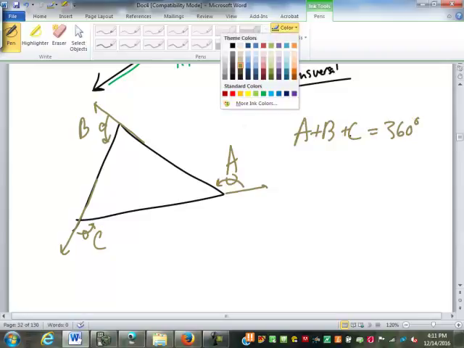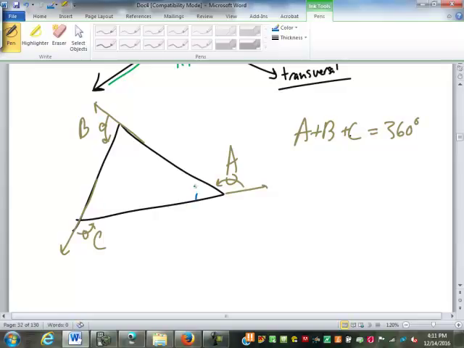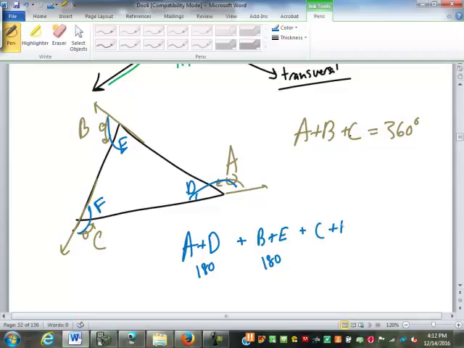What I have here, if I call these angles D, E, and F. These 2 angles have to add up to how much? It's a straight line, right? 180. What do these 2 angles have to add up to? 180. What do these 2 have to add up to? 180, right?